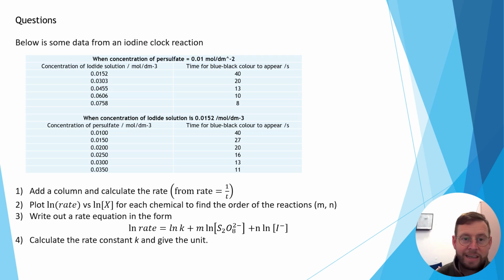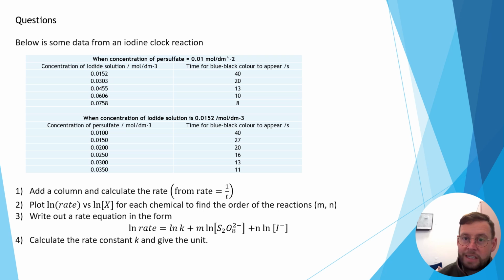And so we've got all of these iodide solution concentrations, and we've got the time that it takes. Now in the second set of data, we're keeping the concentration of the iodide the same and changing the concentration of the persulfate, the other chemical in this, and again looking at how long it takes for this reaction to occur.